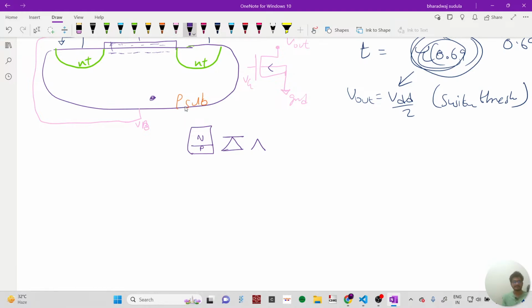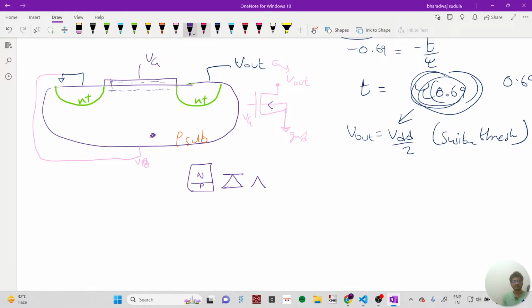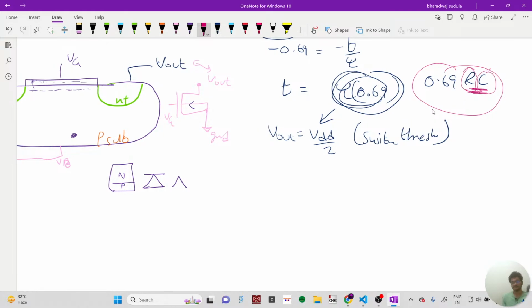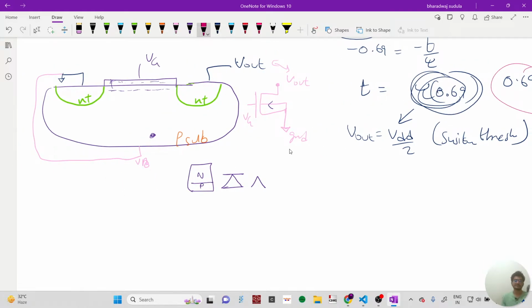And again, what I'm trying to say is, we talked about RC, right? So where is this capacitance coming and where is this resistance coming? Whenever you try to give some input, I mentioned that there is some gate capacitance. We have to charge the gate first.